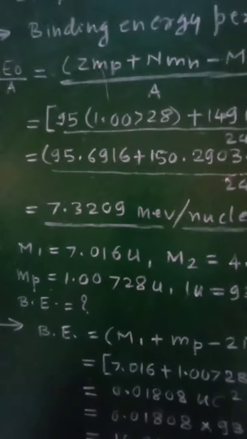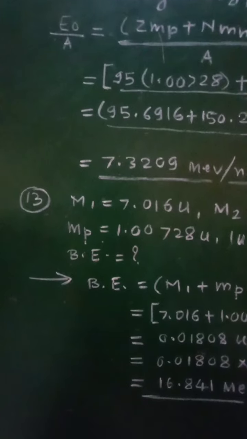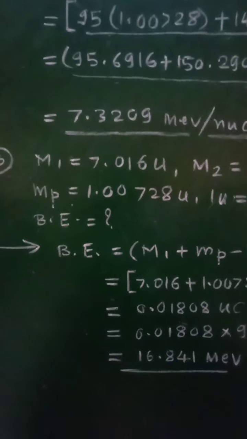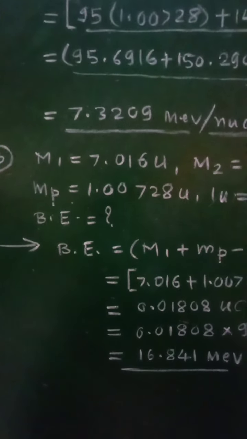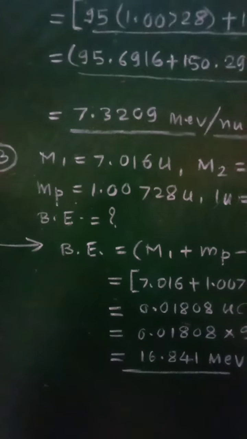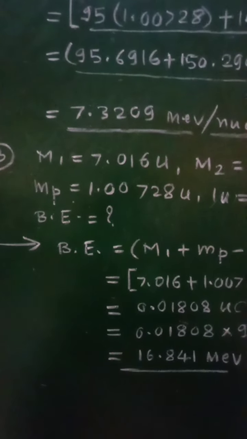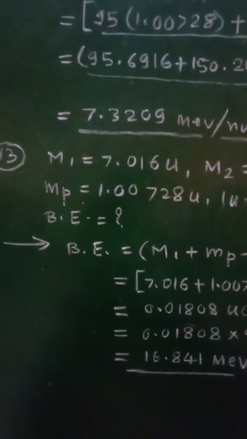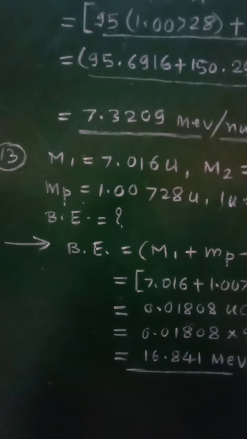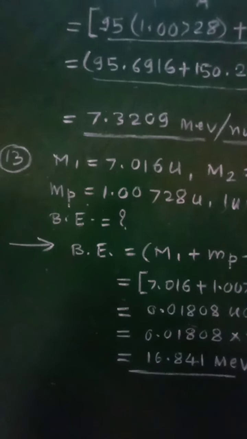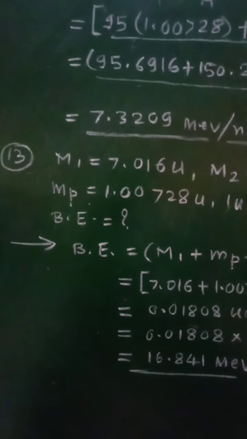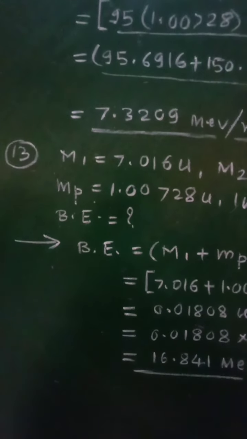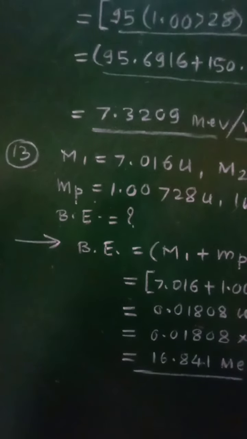Then we will go for the next numerical, numerical number 13, which is given as: calculate the energy release in the nuclear reaction, lithium plus proton, which gives 2 alpha particles, given that the masses of lithium atom and helium atom are 7.016 U for lithium atom and 4.0026 U for helium atom respectively.